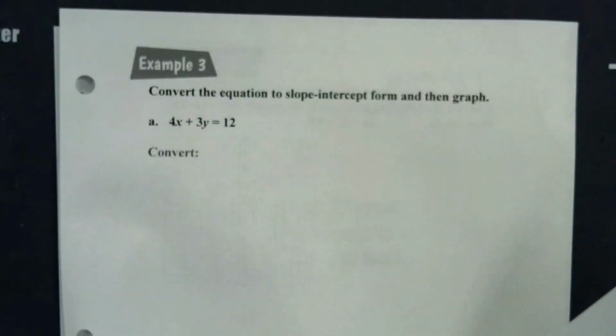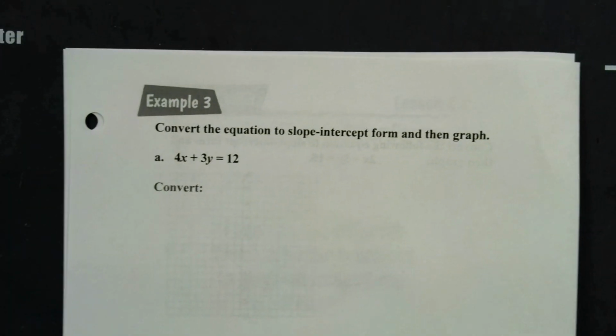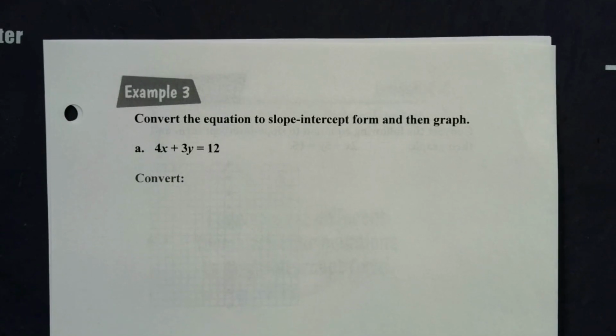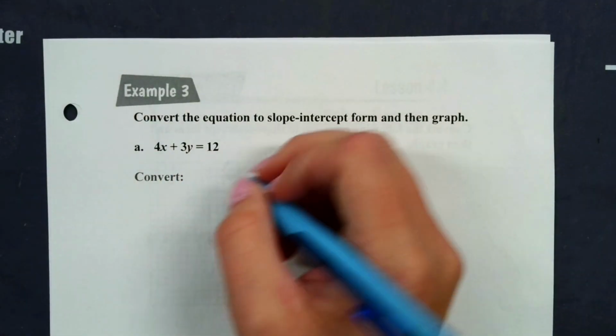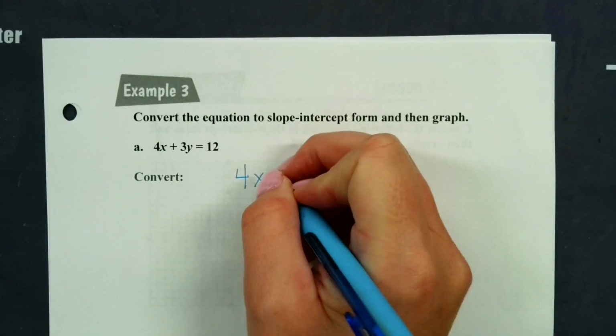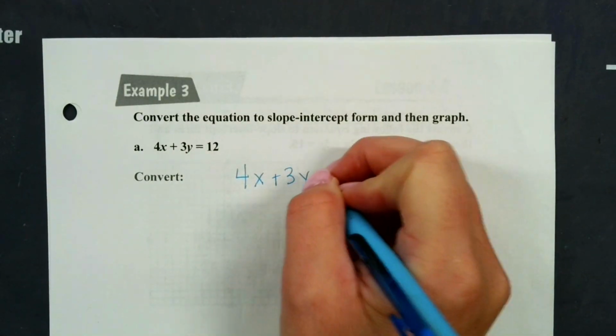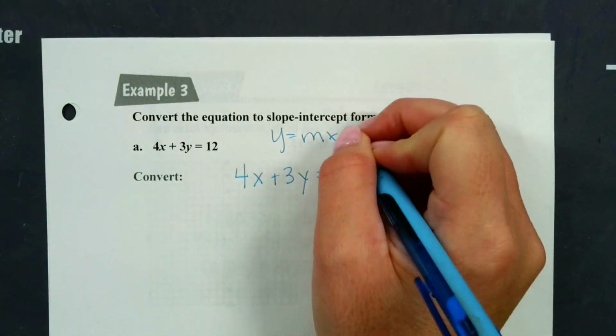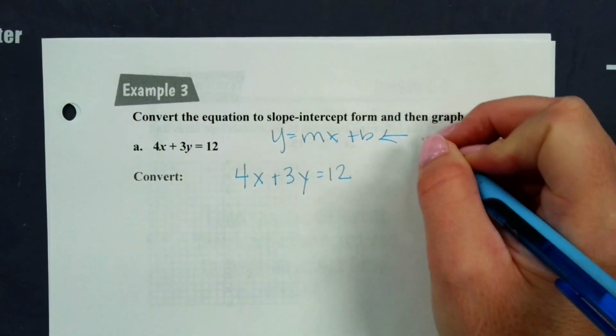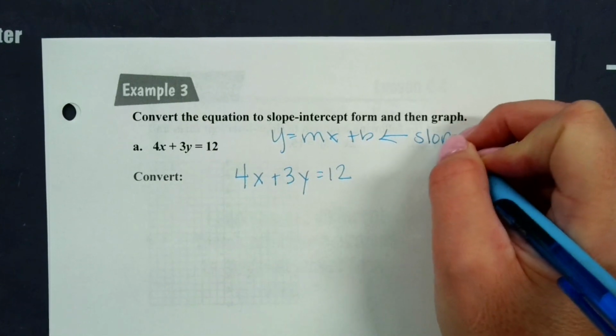Okay, so we've got 2 last things we're going to do. I think it's only, maybe 3. Yep. And then we're going to look at that explore one more time. So we're just recapping everything we just learned. Here's standard form. I want you to convert this to slope-intercept. When I say slope-intercept form, I mean y equals mx plus b. This is slope-intercept.